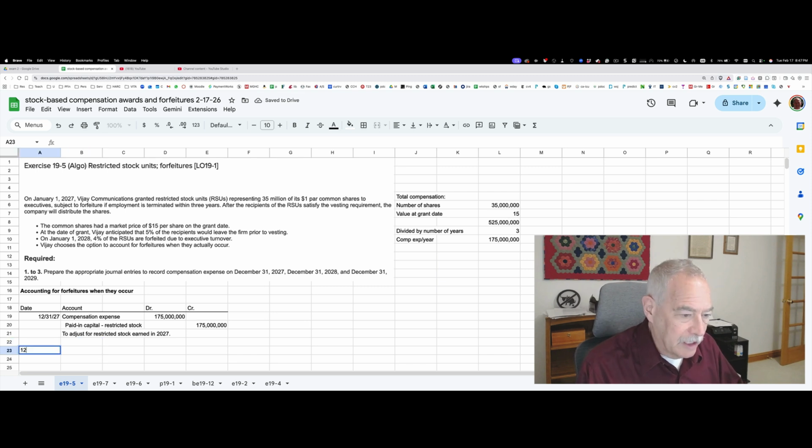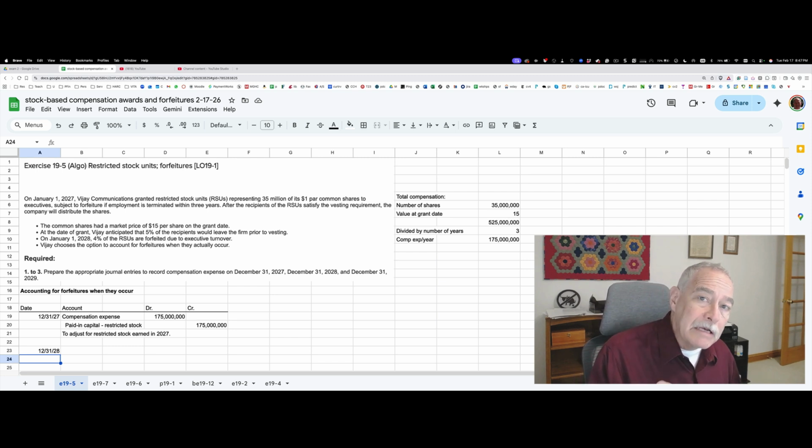Okay, now at the end of 12/31/28, it says on January 1st of 28. Notice that we haven't closed the books for 27 yet, but on 12/31, the day before, we didn't know that these people were going to forfeit.